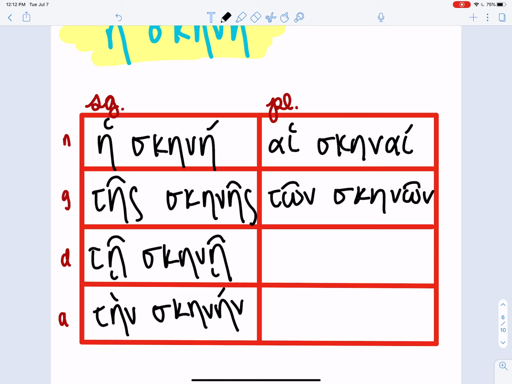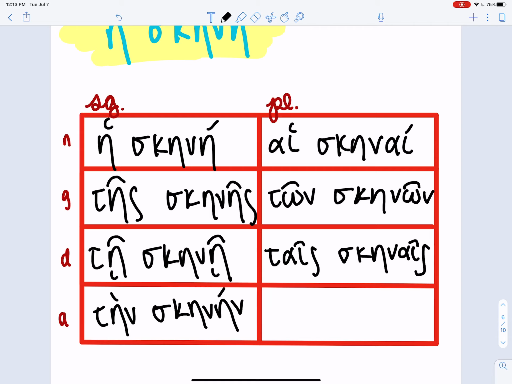Dative plural is tais with a circumflex over the iota, skenais. Same thing, we put a circumflex over the iota because of our rule with the genitive dative thing with accents falling on the ultima.